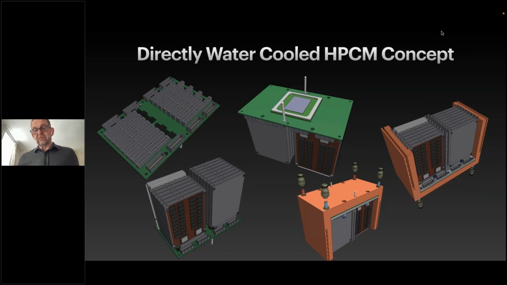These connectors are blind mates. So you would effectively plug this module into a wall, and then you would plug hundreds and thousands of these modules into one huge wall in the data center that would replace the 19-inch rack. So that's the very basic concept, and you would cable these modules together.